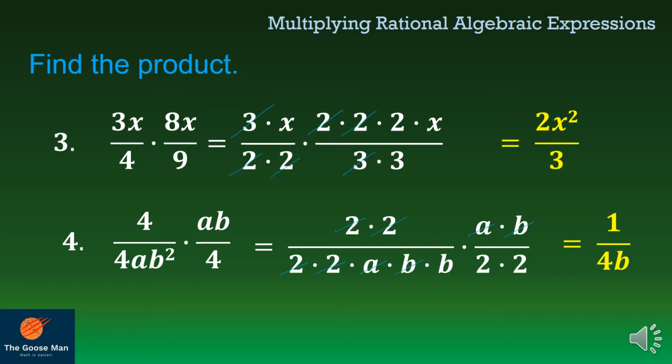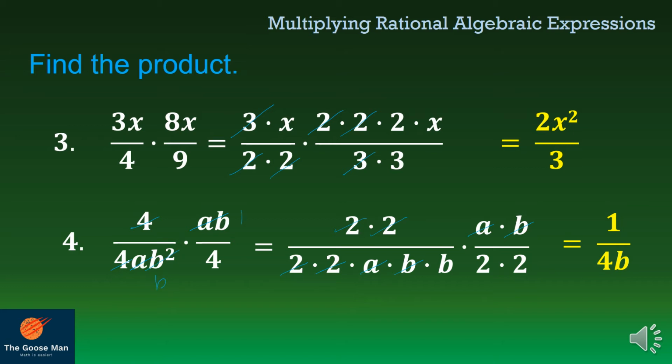However, I can use a shorter way because I can factor out 4 and 4. Next, ab and ab squared. So, if I factor a and a, cancel it out, as well as b and b. So, b divided by b is simply 1.